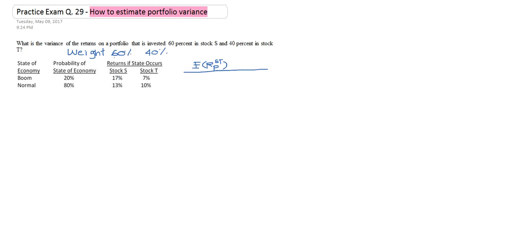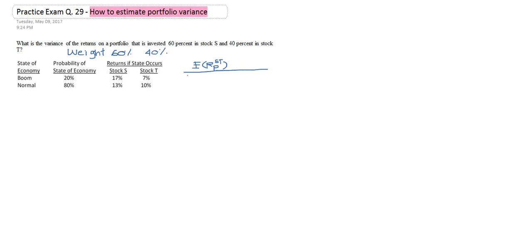You invest 60% in stock S and 40% in stock T. So your expected return will be the weighted average of these two stock returns.